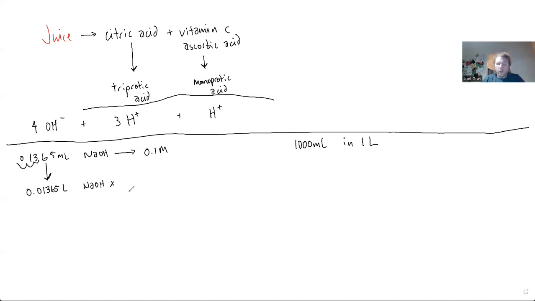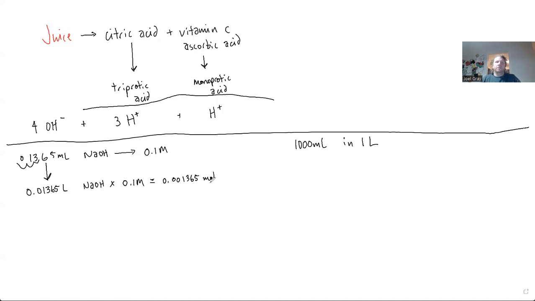So 0.01365 times 0.1 molar. If you remember, capital M, molar, is moles per liter. So we say 0.01365 times 0.1, and that will give us 0.001365 moles.